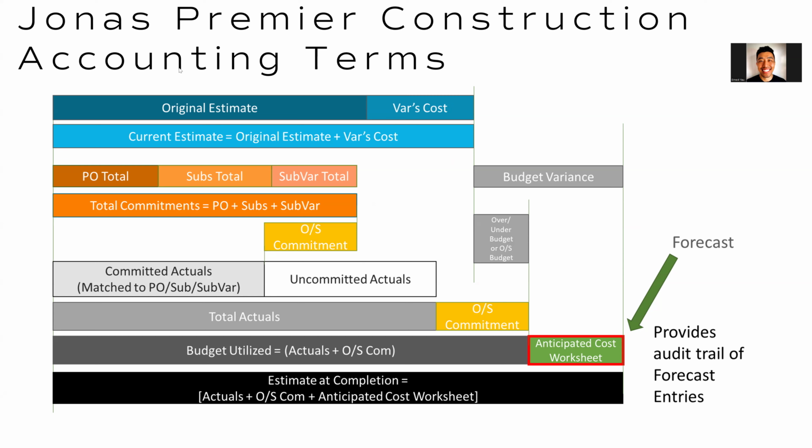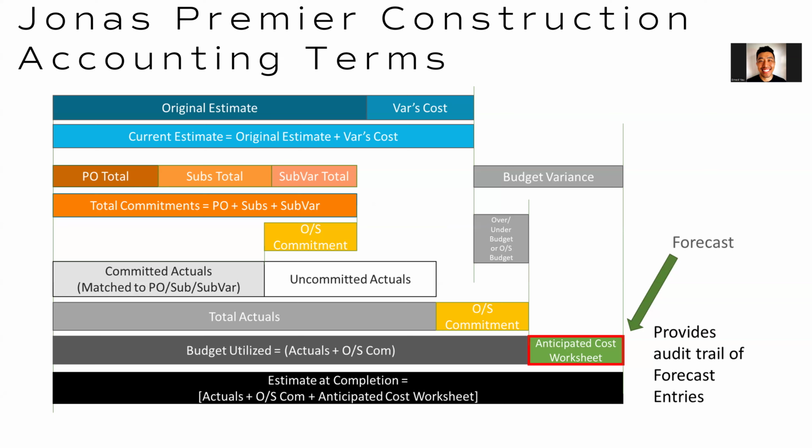Just below that in the orange, that's all the stuff that we are looking at today, the commitments. Basically all the POs that you have raised, the subcontracts that you have raised, and the subcontract variations that you have raised. If you add those all together, that will form the total commitments for this particular job. So if you see the term total commitments, that's how it's calculated. Just below that, you see committed actuals.